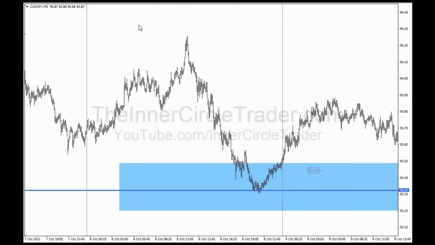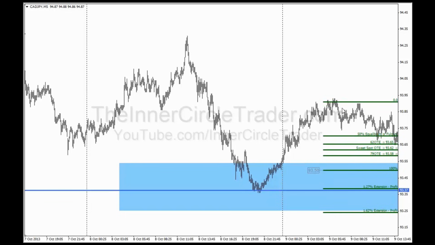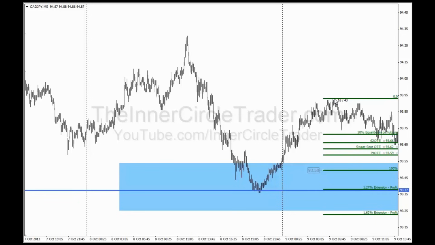Now if you draw the fib with that point like we just did on the previous example, this is what you arrive at. Okay, let me get that right where it belongs. So we're finding the range between the mid figure 93.50 and this high. Okay, so you have 93.66 and 93.59, which is essentially the 93.60 round number.